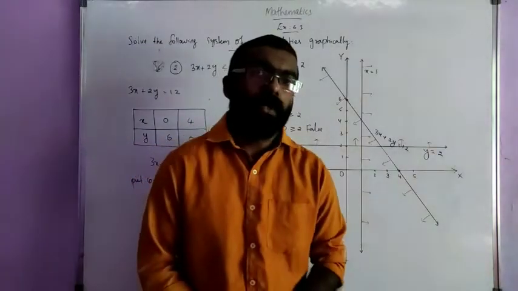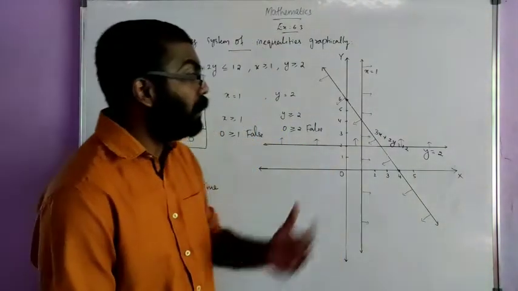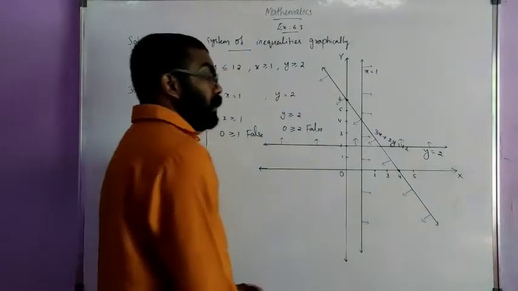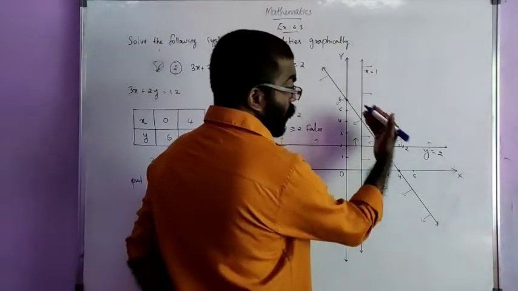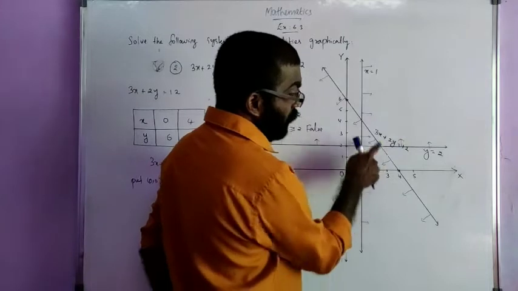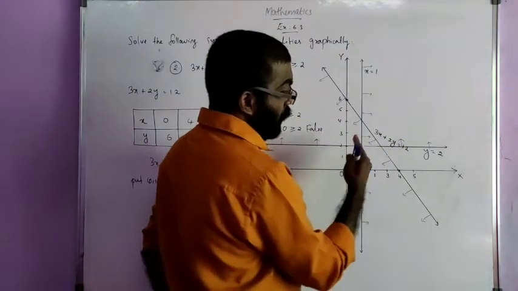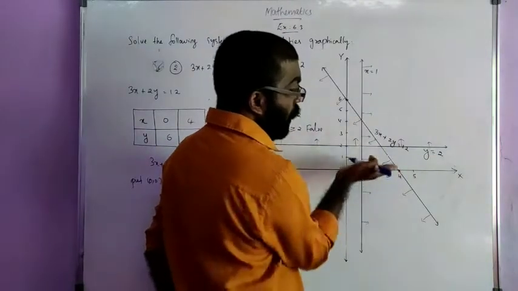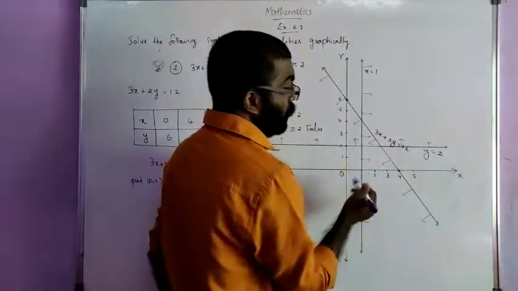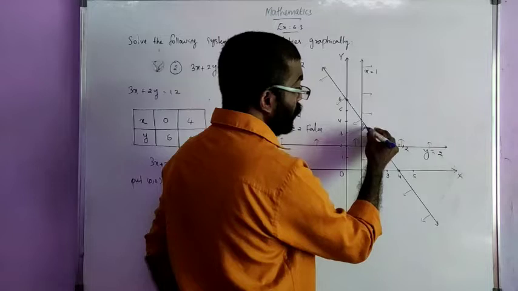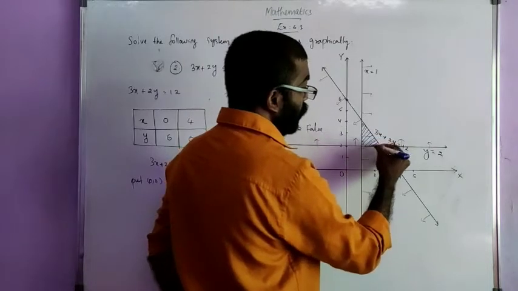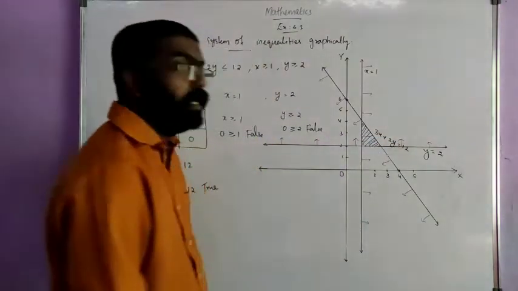Now we have to find out the common portion for all these inequalities. So it's on the lower part of this line, 3x plus 2y equal to 12. Okay, lower part. Right part of this line, upper part of this line y equal to 2. So here is the correct common portion solution region.